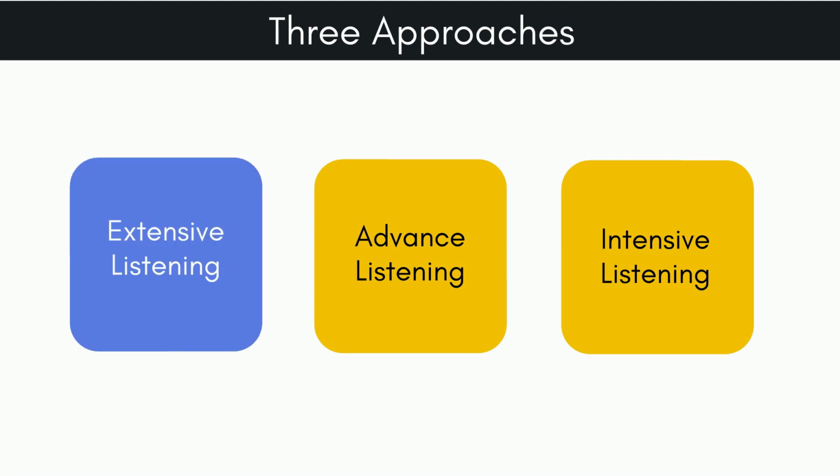Extensive listening. Children listen to a lot of material, such as an audiobook. The material is at a level they are comfortable with, which means at or below their English level. They listen for pleasure and listen for meaning.